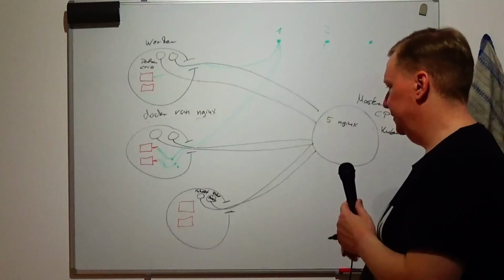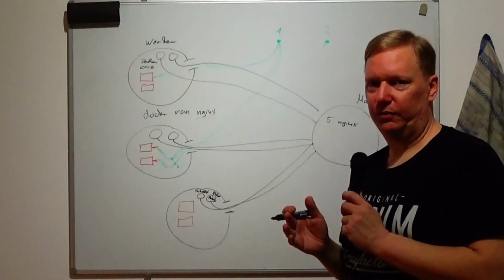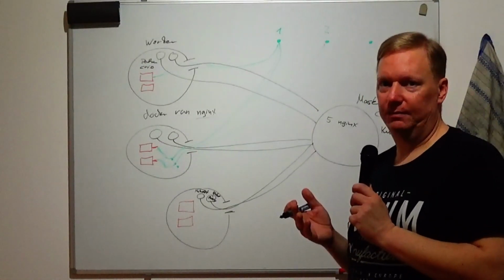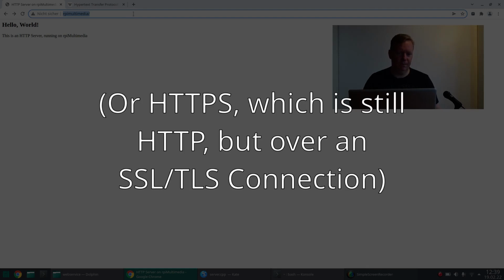So to go into that, we first need to talk about the hypertext transfer protocol, HTTP. You probably know that, but whenever you open a website in your web browser, the connection between your web browser and the server goes over the HTTP protocol.